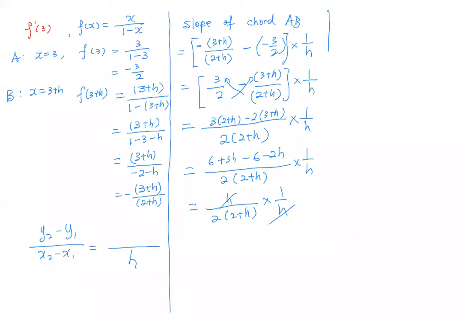Then you put f prime 3 equal to limit h tends towards 0 of 1 over 2(2 plus h). So you get 1 over 4, done.